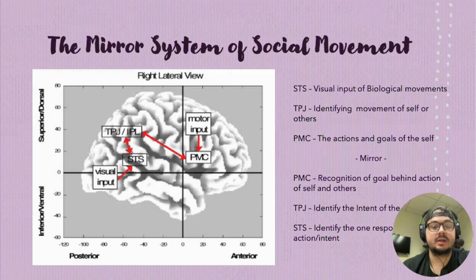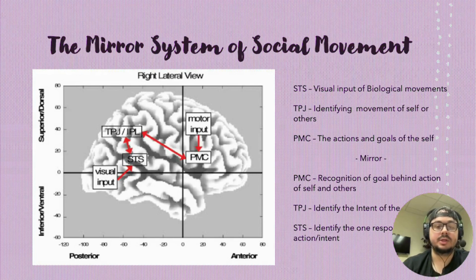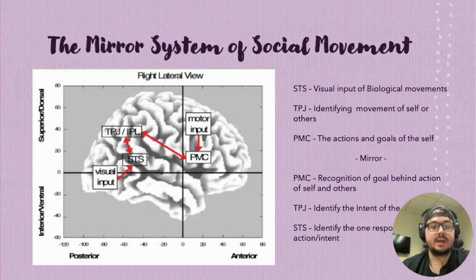So first, in the superior temporal sulcus, we see that this area is involved with the visual input and audio input of biological agents, or just being able to tell if somebody is moving or if somebody is around and doing something. And then the temporoparietal junction serves to identify whether or not the movement is of the self or others.